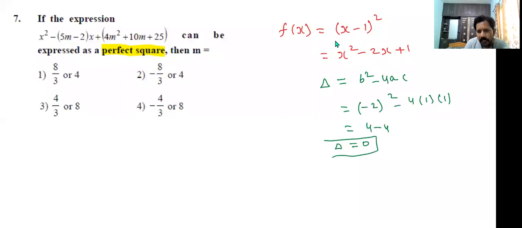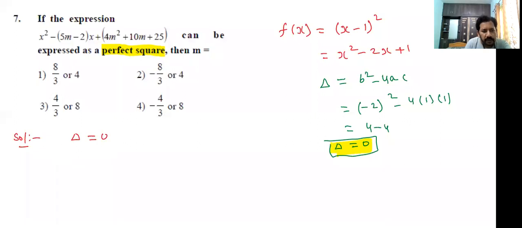The given expression is a perfect square means, so what is the condition? Discriminant is equal to 0. Okay, remember it. This is a shortcut formula. Now, use that. Discriminant is equal to 0.